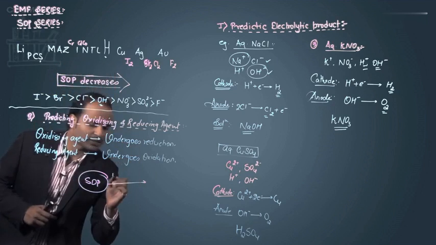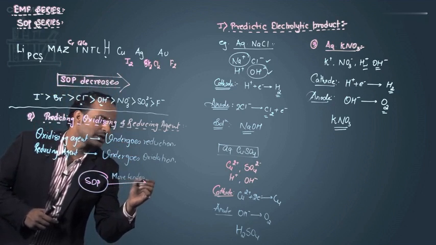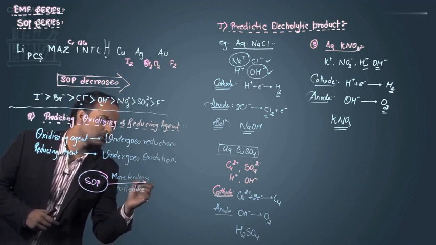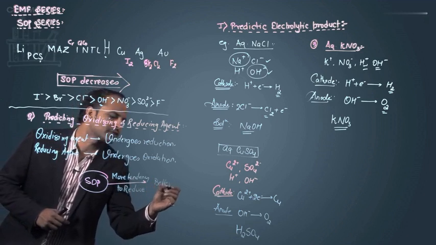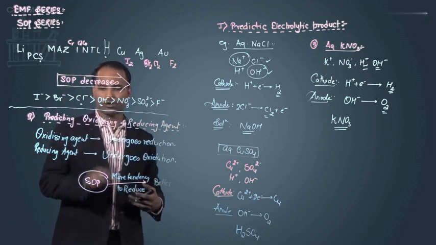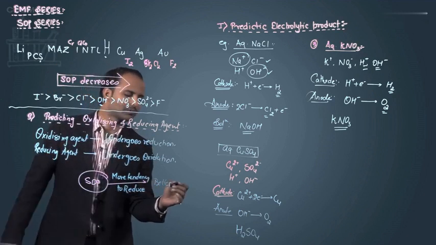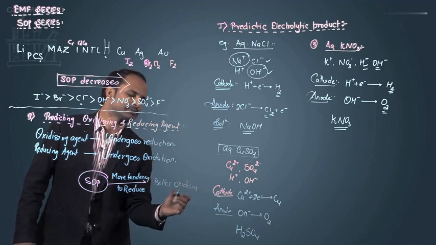SRP increases means more tendency to reduce. The tendency of reduction goes on increasing, which means the elements become better and better oxidizing agents. So, a better oxidizing agent as you move from left to right.